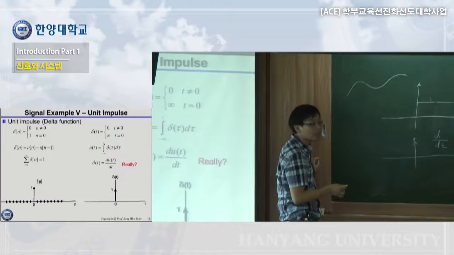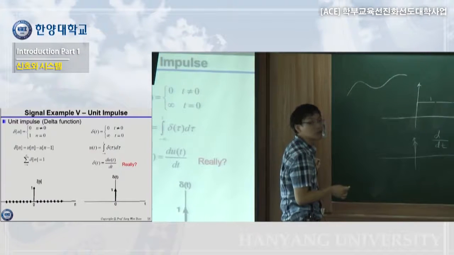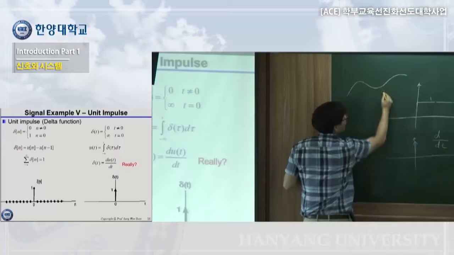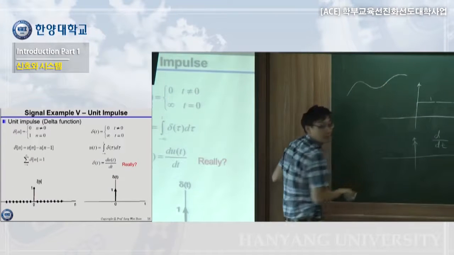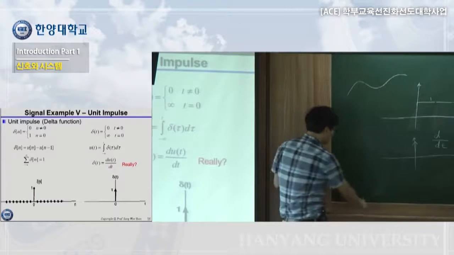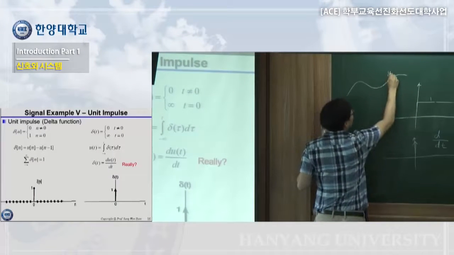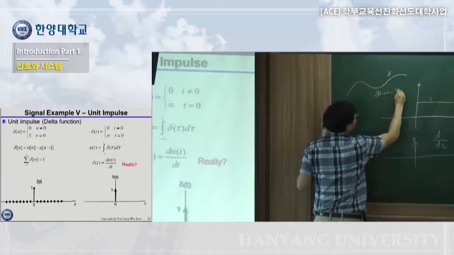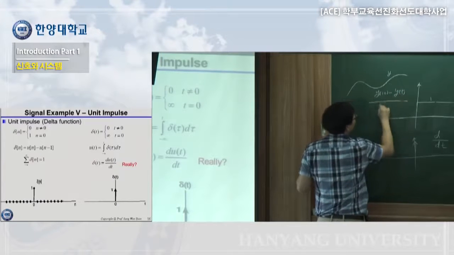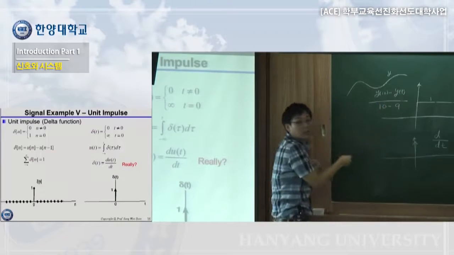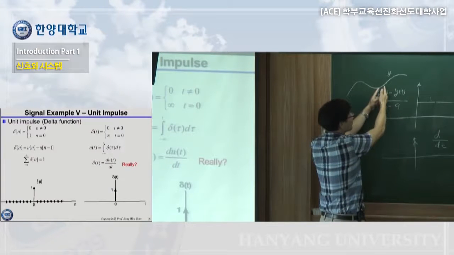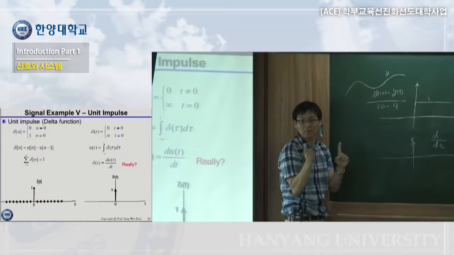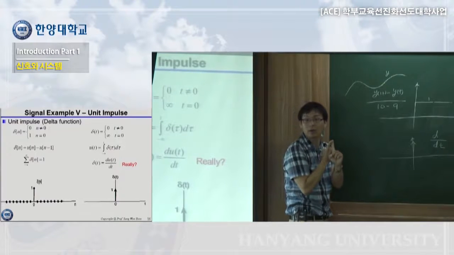If you try to find the slope of a function in programming, you pick one point, you pick a second point, and find the slope between these two points. Say this is the function y. You have y(10) minus y(9) divided by 10 minus 9. There's a slope. And if you make the spacing smaller and smaller, we'll find the slope at a point as the spacing goes to infinitely small. That's how we define it.